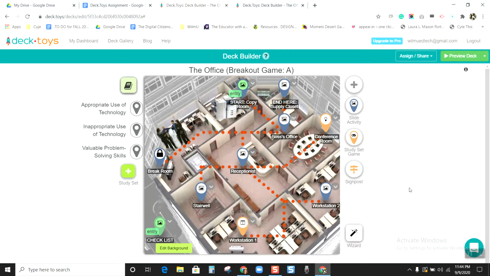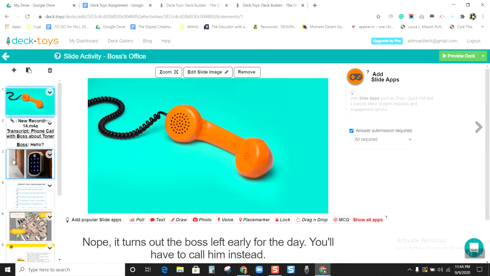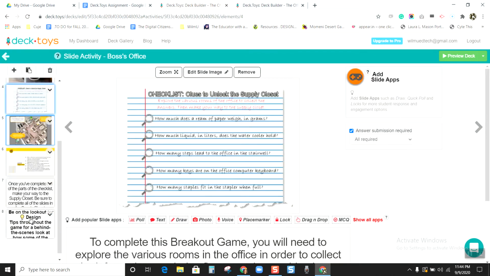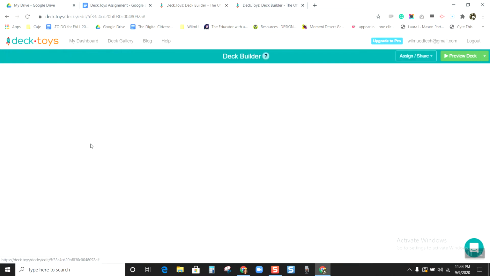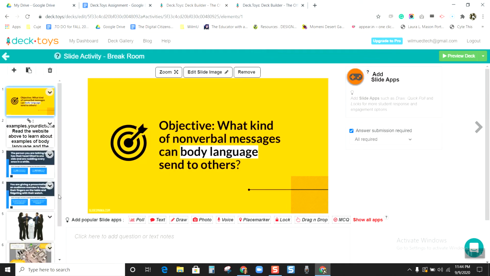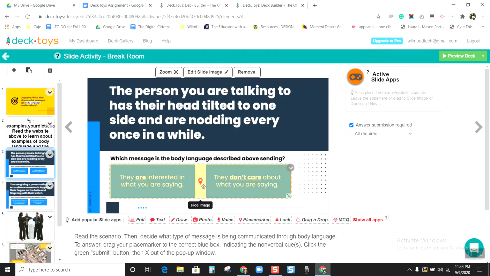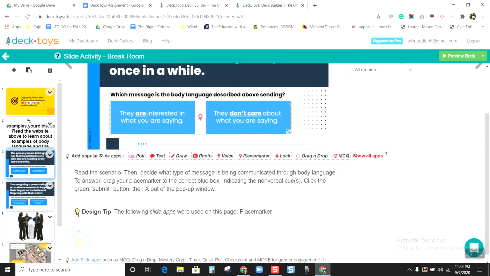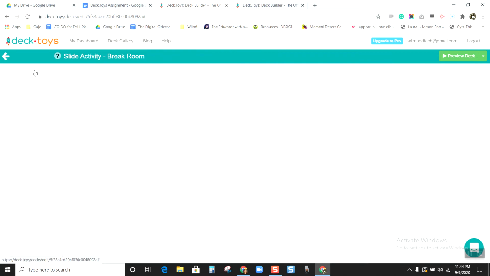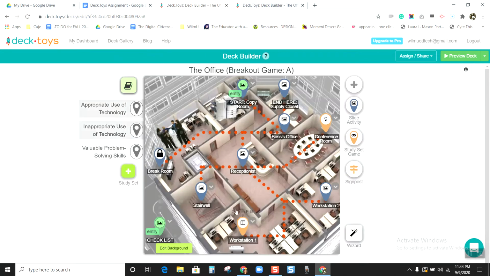As far as learner engagement and assessments, there were a variety of learning tasks that you had to do, such as the place markers. In this case it was a place marker, and I did try to give you designer tips throughout this example so that you could see exactly what slide apps were being used, in case you wanted to replicate them in your own lesson.